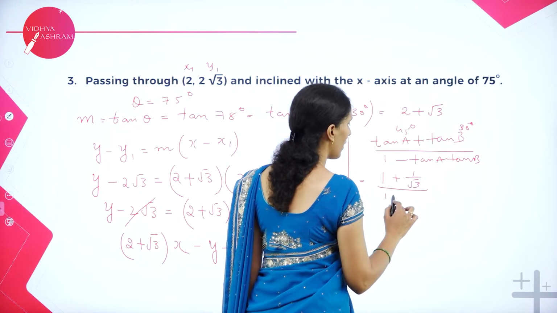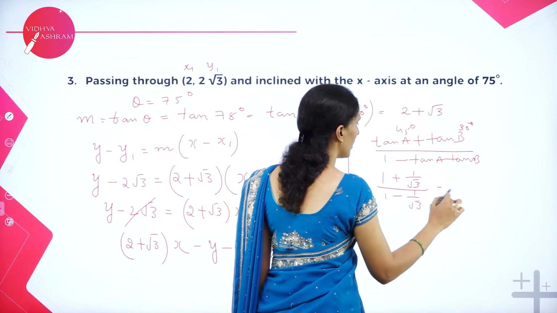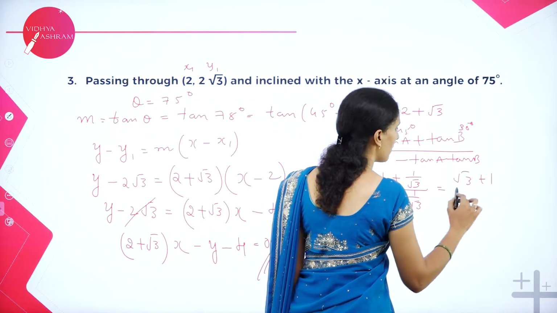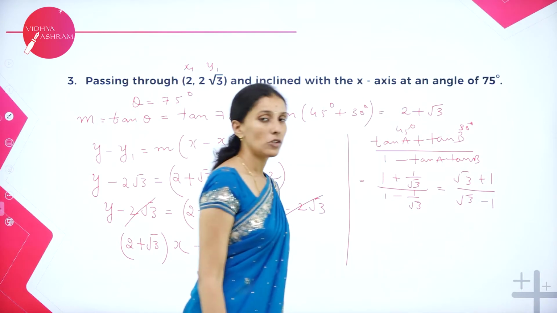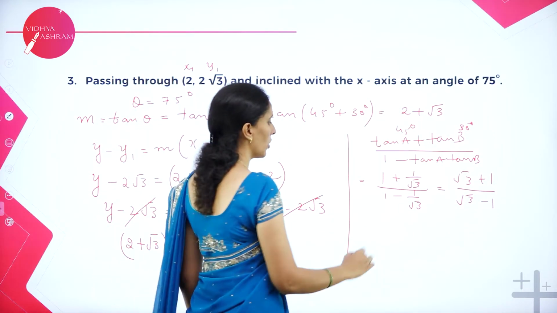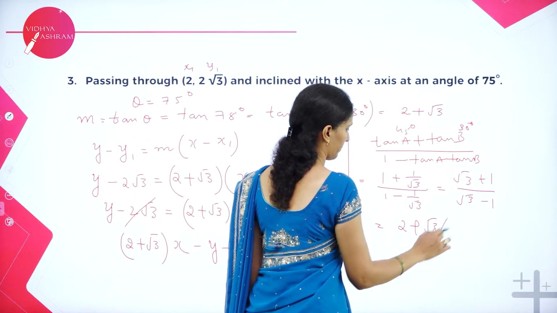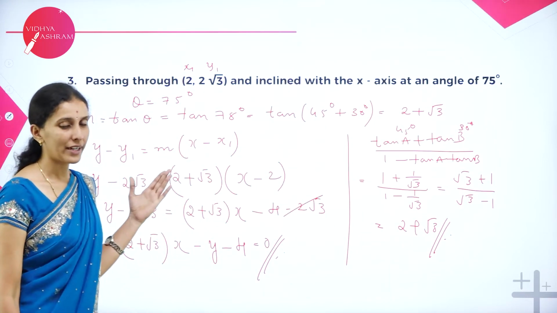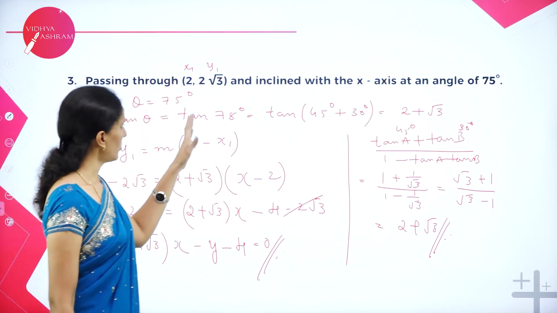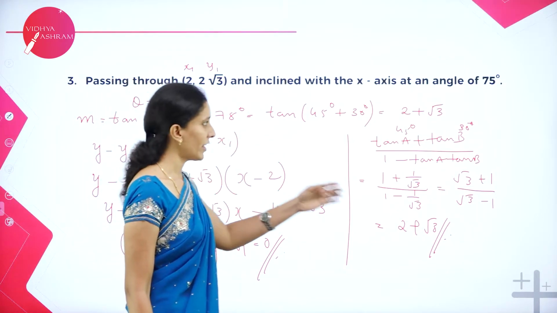So again here 1 minus 1 by root 3 you will get. You will get this as (root 3 plus 1) by (root 3 minus 1). So after rationalizing it, you will get this as 2 plus root 3. Since the question carries only 2 marks here, directly write the value of tan 75 degree as 2 plus root 3.